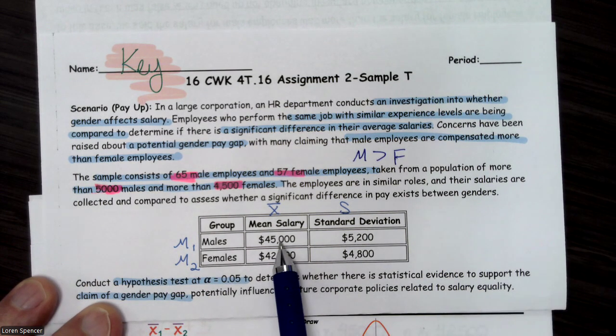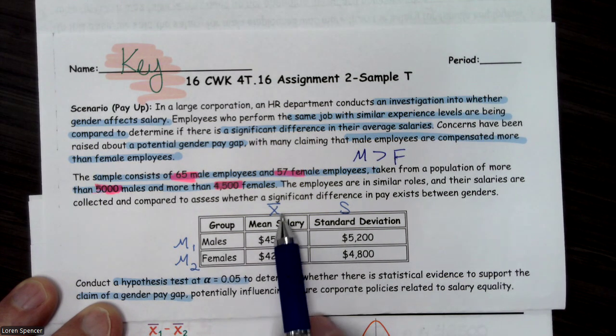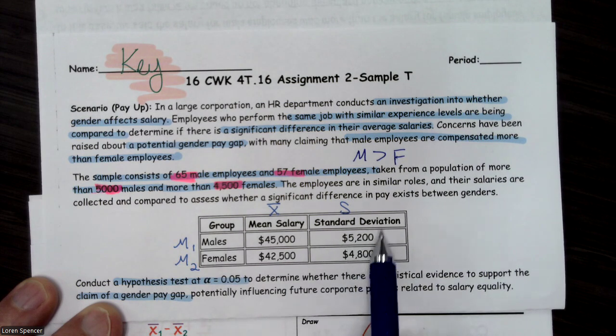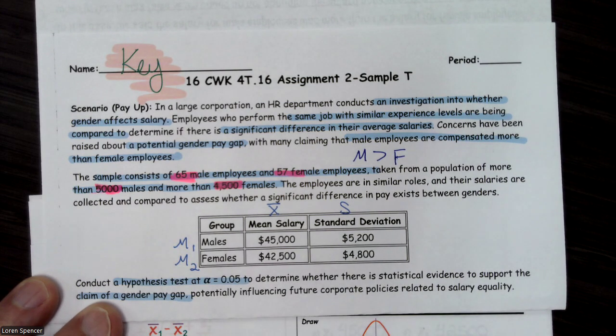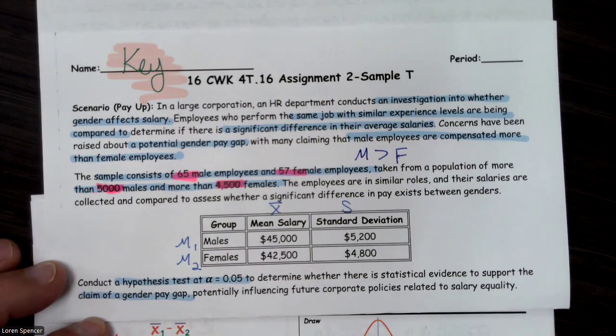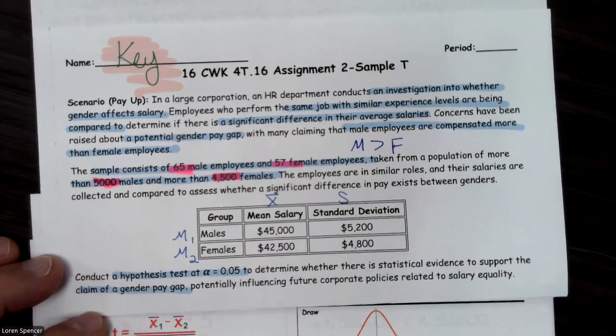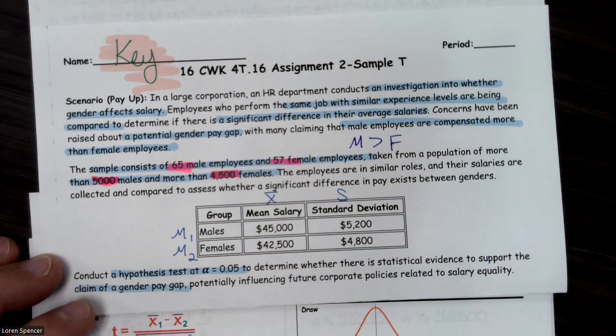So there's the male pay of 45,000, the female pay of 42,000. Those are the x bars, and we have a standard deviation for each one. Conduct a hypothesis test at alpha equal 0.05 to determine whether there's statistical evidence to support the claim of a gender pay gap, potentially influencing future corporate policies related to salaries.